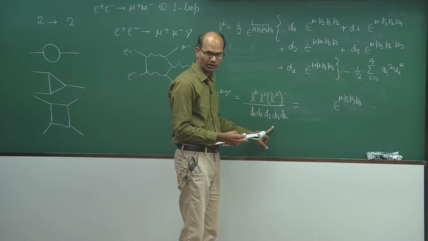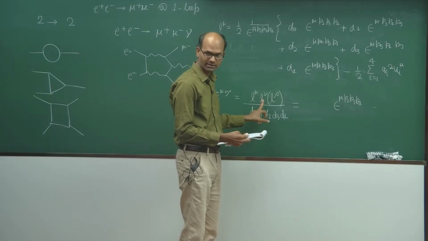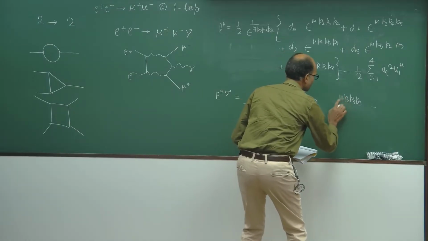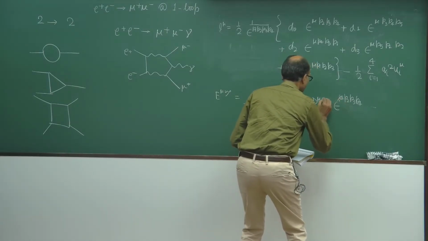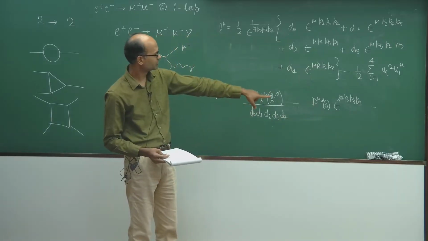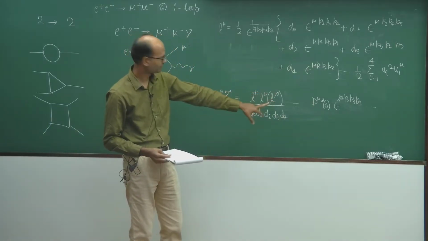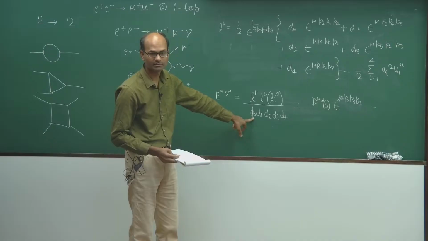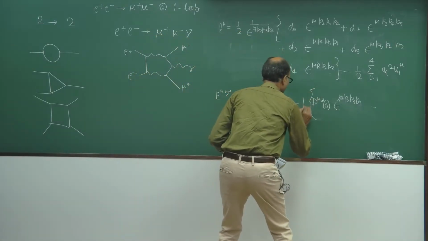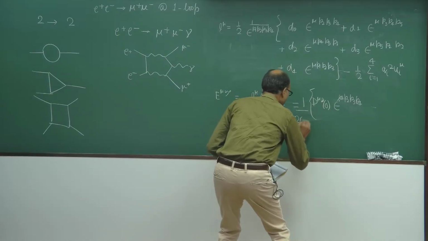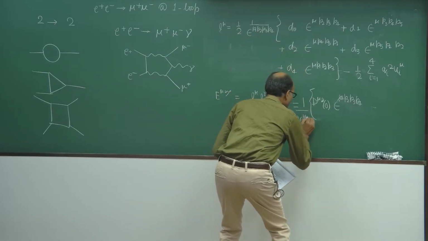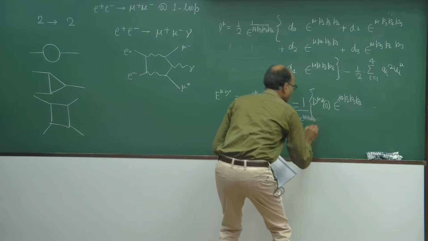So it is a 4-point function with 2 indices, for which I can use the notation D rho, mu nu with this notation. So D mu nu with the first propagator missing, and of course, I have this guy outside. So let me write that as well, 1 over twice epsilon P1, P2, P3, P4.